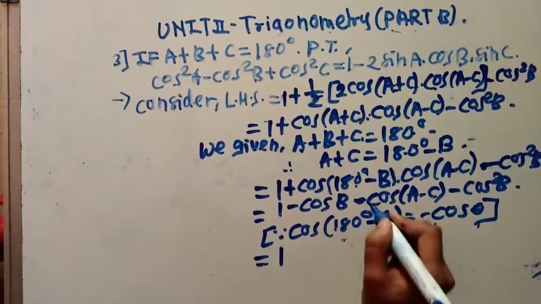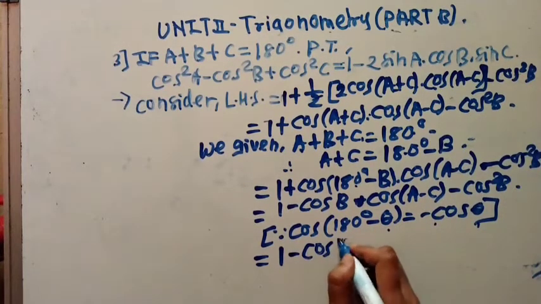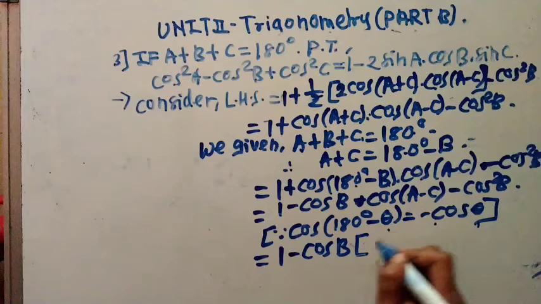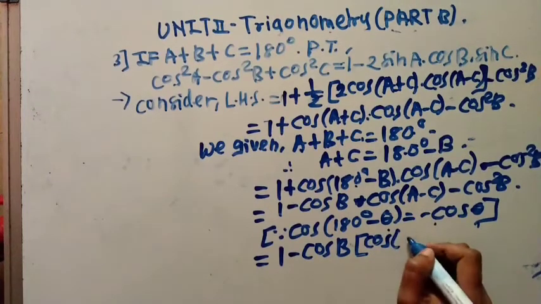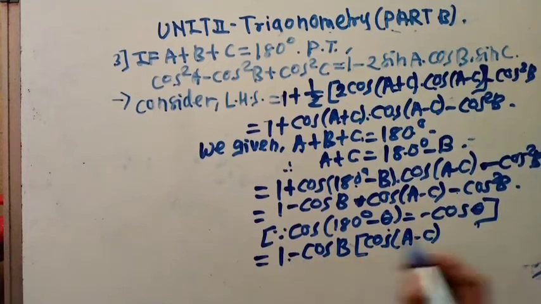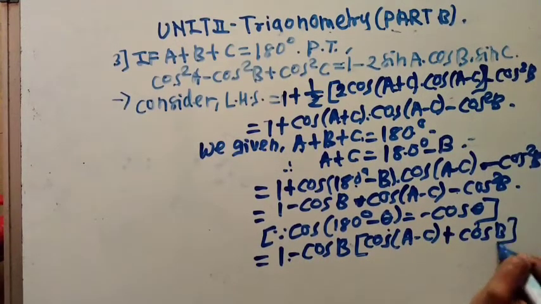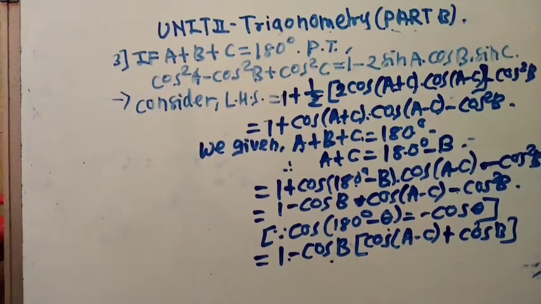Then we take −cos b common from this, so in the bracket cos(a − c), minus and plus here, plus cos b into cos b, which is cos² b.